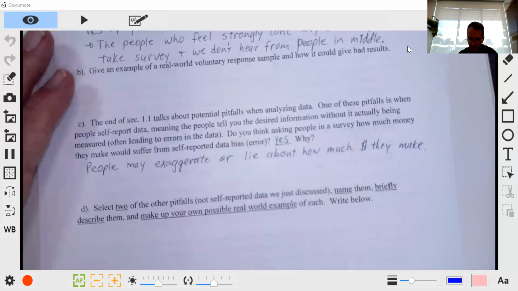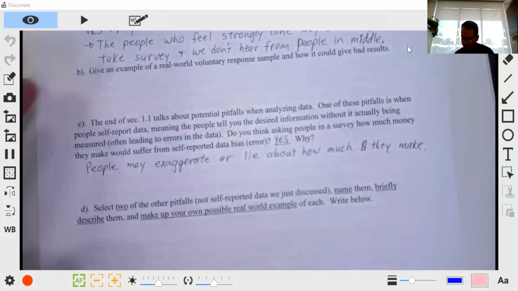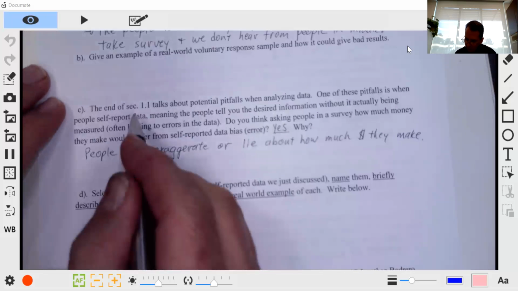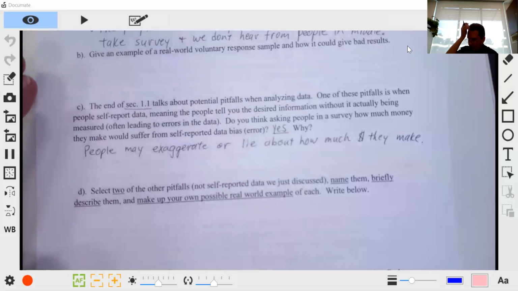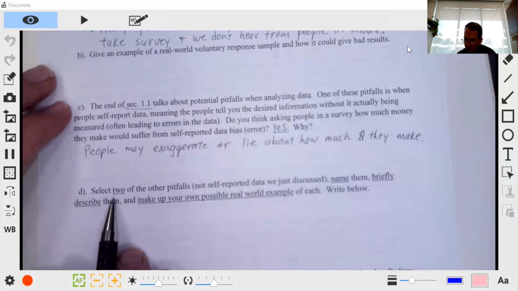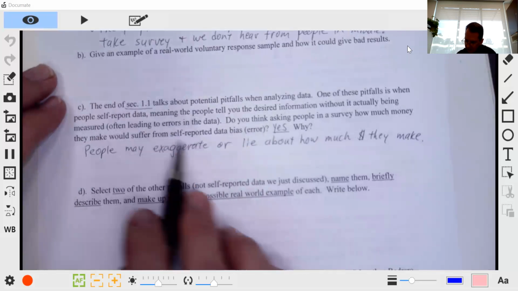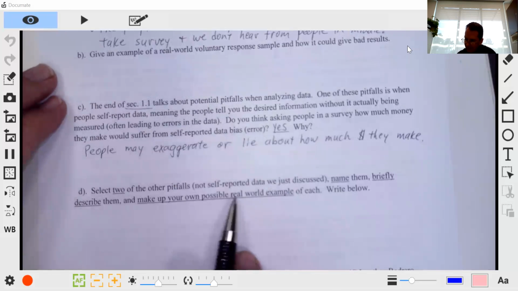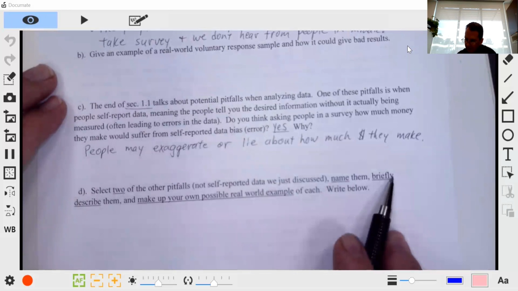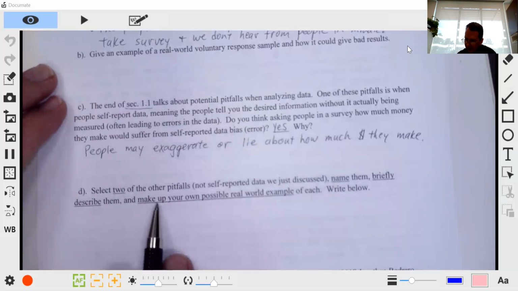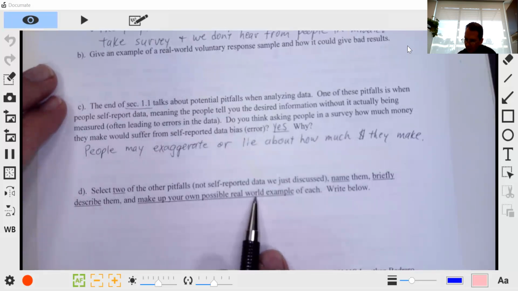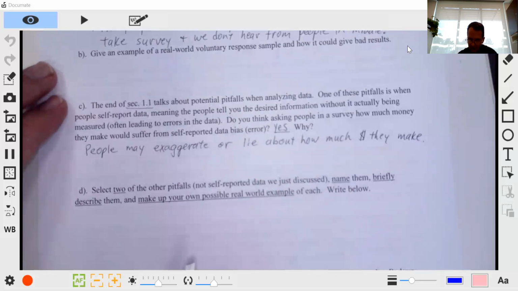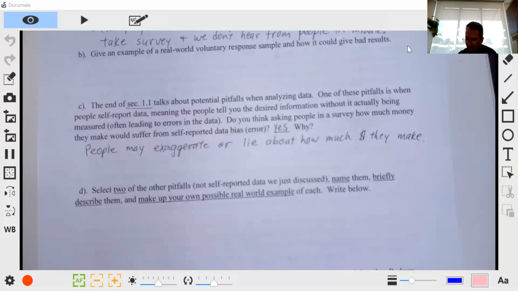Okay. So what I want you to do now is go to the end of section 1.1, whether it's the order of the questions or misleading conclusions or whatever. Pick two other pitfalls, not just the self-reported data one that we just did. I want you to name them, briefly describe each one of them, and then make up your own real world possible example of each and write your responses here in the space below.